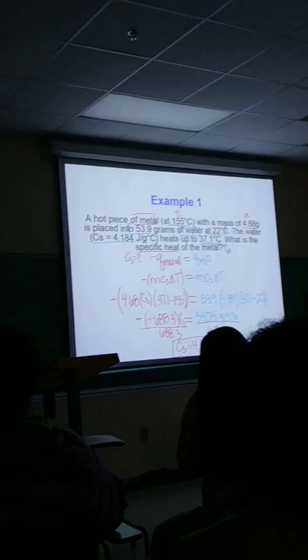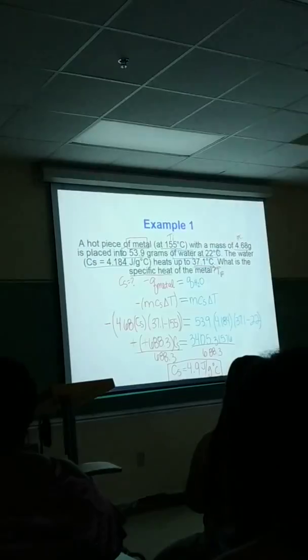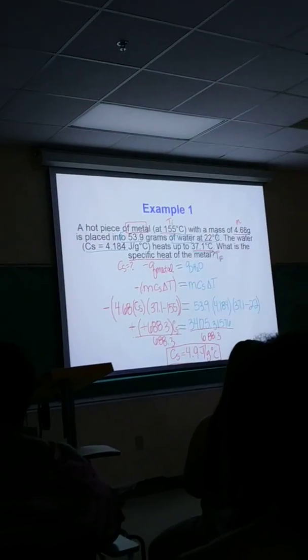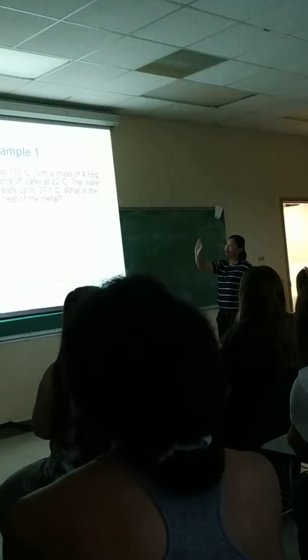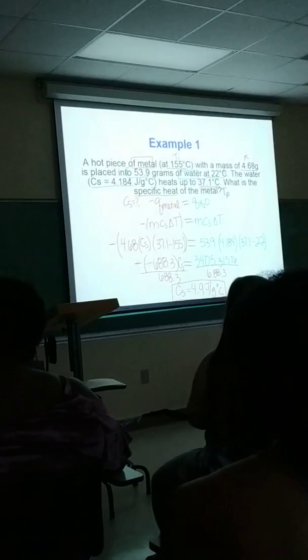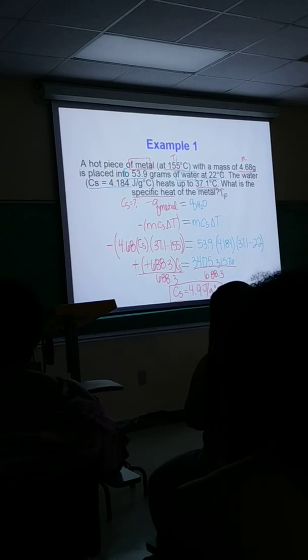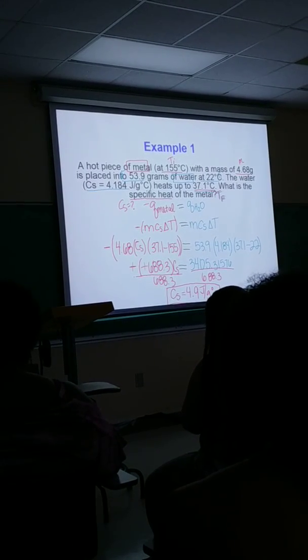Alright, so with this, a lot of scientists use water as a standard to calculate the heat capacity for other materials. In this question, they have a metal. You actually don't need to know what kind of metal it is. So the very big thing is, how do you calculate the heat?